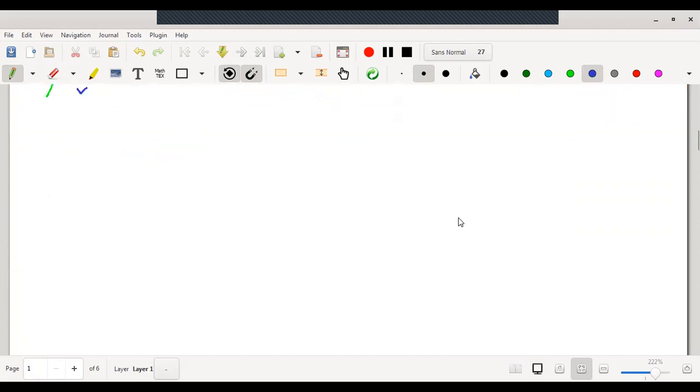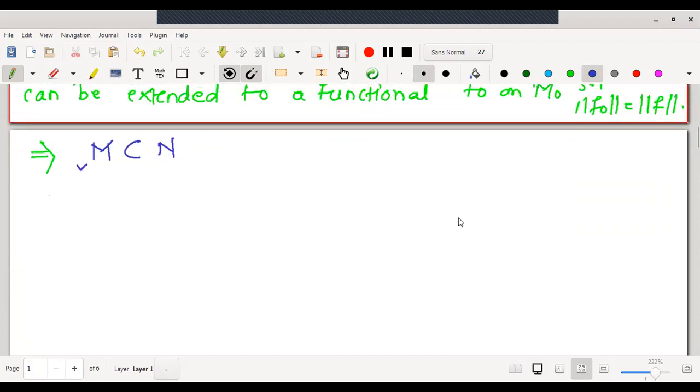Here we are using an extension function. I'll quickly tell you what an extension function or restriction function is.